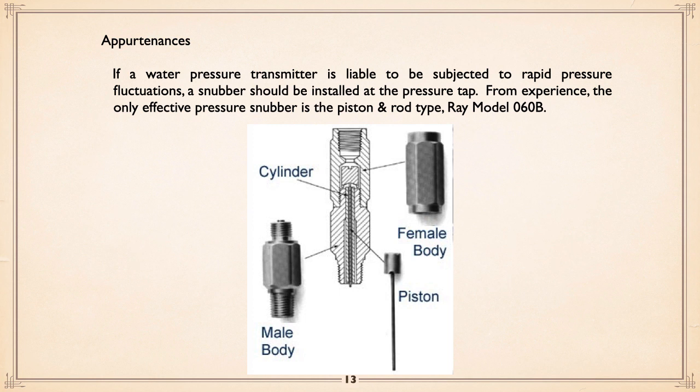I remember years ago, at a municipality, an old workman said, the only snubber that really works is the Ray. That's the name of the company. From years of experience, I would agree with him. It's a piston and rod type. If you look at the cutout here, inside the unit there's a piston with a rod going down.